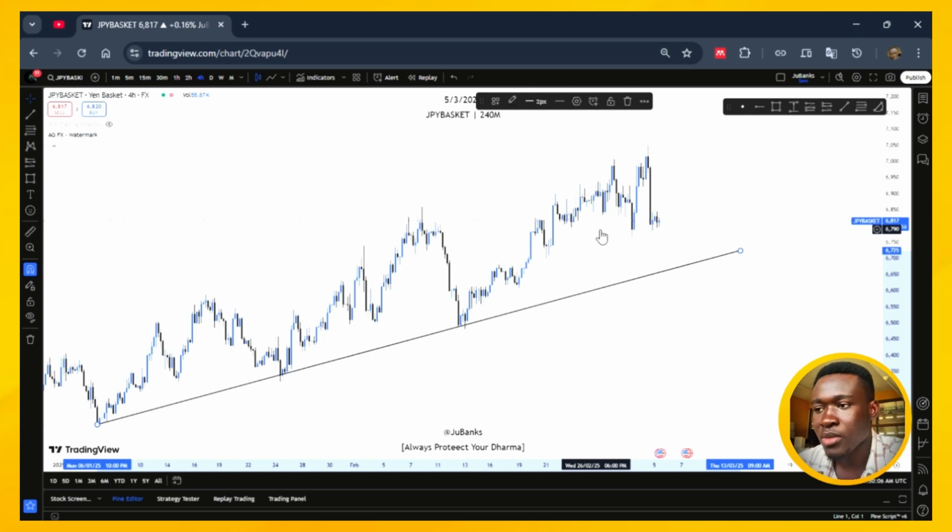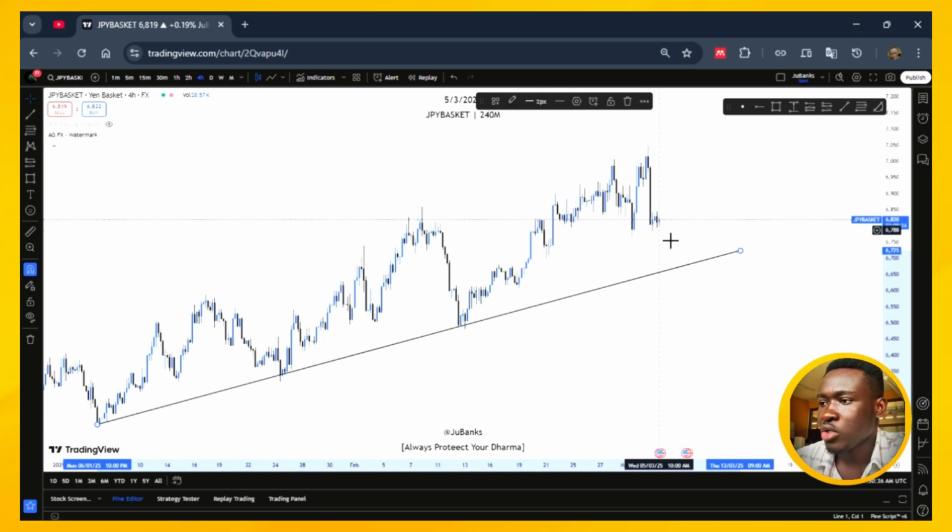Noticing that the index was bullish, any trade I take on a JPY pair should be sells.